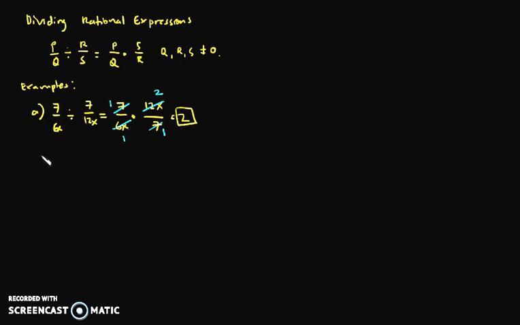Another example. If we have a to the 5th over 4 divided by 4a squared, again we just get the reciprocal of the divisor and then multiply.